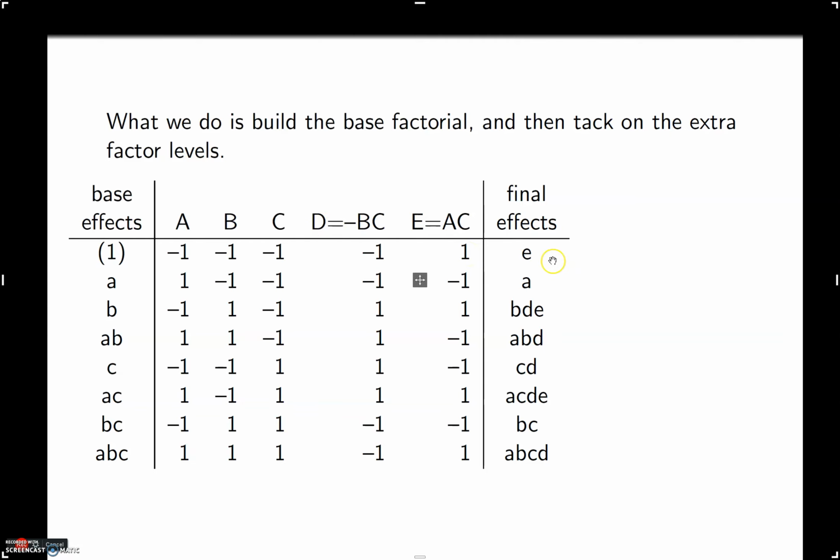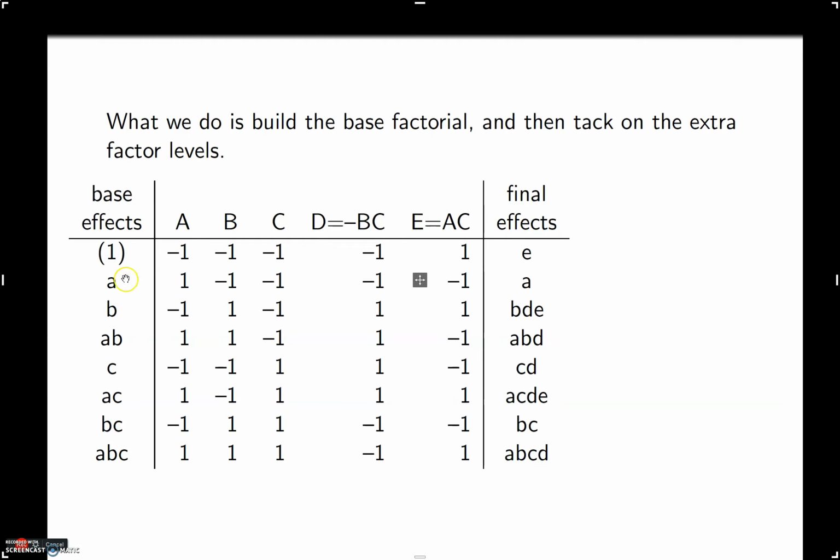Notice our final effect, E, because everything else is a negative 1, but E is positive. So notice we have to delineate here what our base factorial is really estimating when we take out the remainder of the K minus P terms.